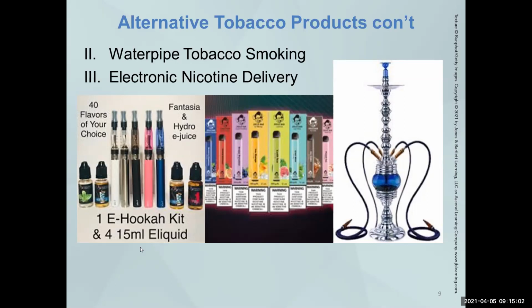There are electronic nicotine delivery devices, e-cigarettes, that are being found to have even more detrimental effects than smoking. There's something called popcorn lung, where the vapor gets into all the arterioles and deforms them.